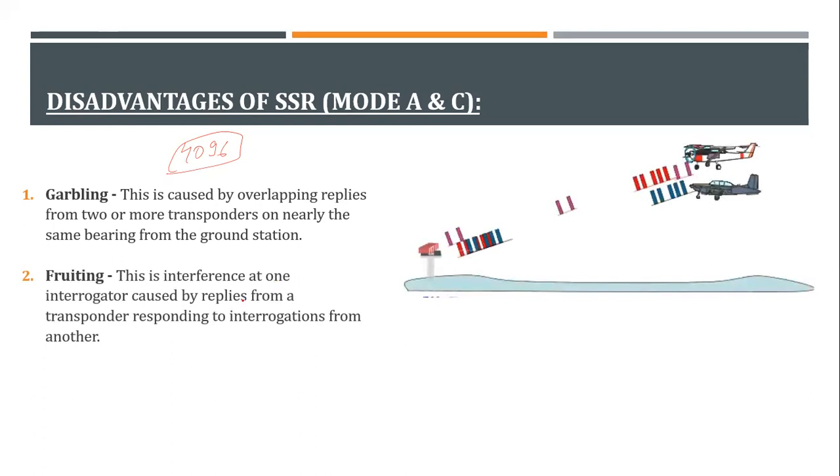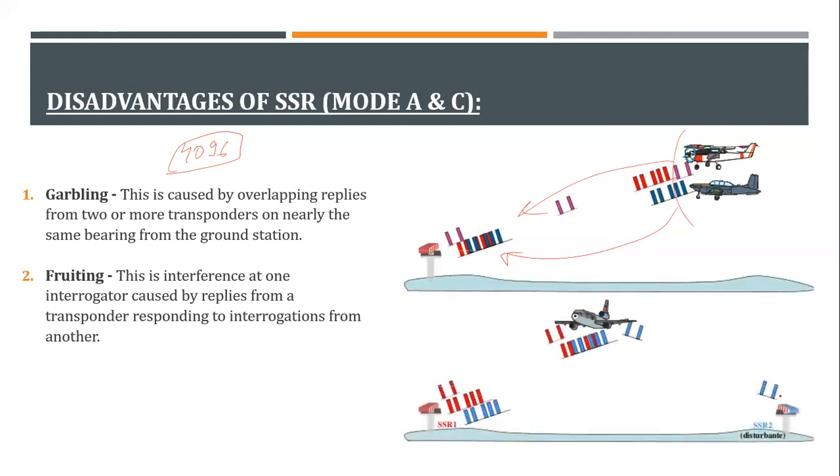Fruiting is the interference at one interrogator caused by replies from a transponder responding to interrogation from another. So the difference between both of them is, garbling is caused by overlapping replies. If two aircraft are transmitting to the same station, there can be garbling. Fruiting is when two different stations are trying to interrogate the aircraft.